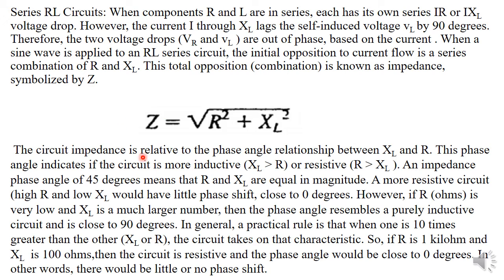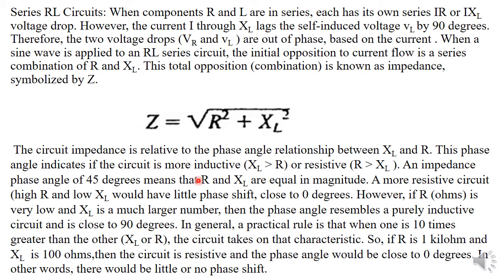The circuit impedance is relative to the phase angle relationship between XL and R. This phase angle indicates if the circuit is more inductive, if inductive reactance is more than the resistance, or resistive, if resistance is more than the inductive reactance. An impedance phase angle of 45 degrees means that R and XL are equal in magnitude.